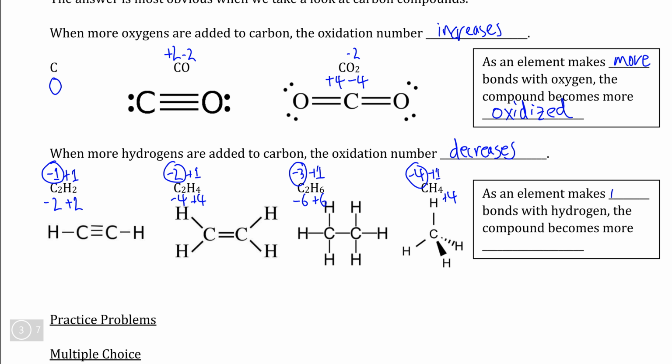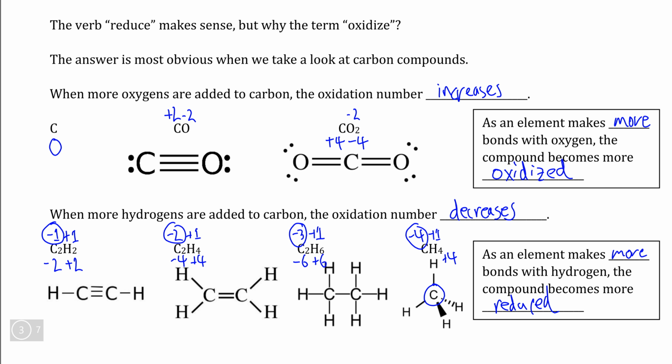So as an element makes more bonds with hydrogen, the element within the compound that is bonded to hydrogen becomes more and more reduced. So this relationship of oxygens and carbons relative to the number of bonds they make with other elements is another important reason why we use the term oxidation, referring to the loss of electrons.